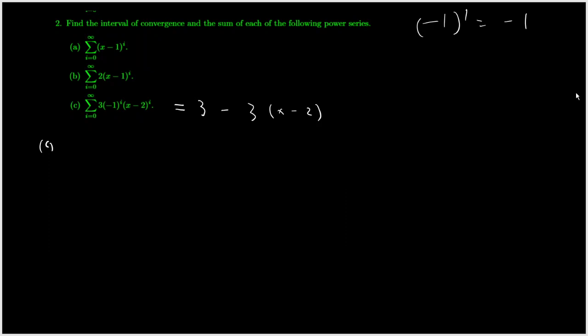The next term is positive 3 times x minus 2 squared. Do you see how this -1 to the power of I functions? It shows you the signs are alternating between positive and negative, right?